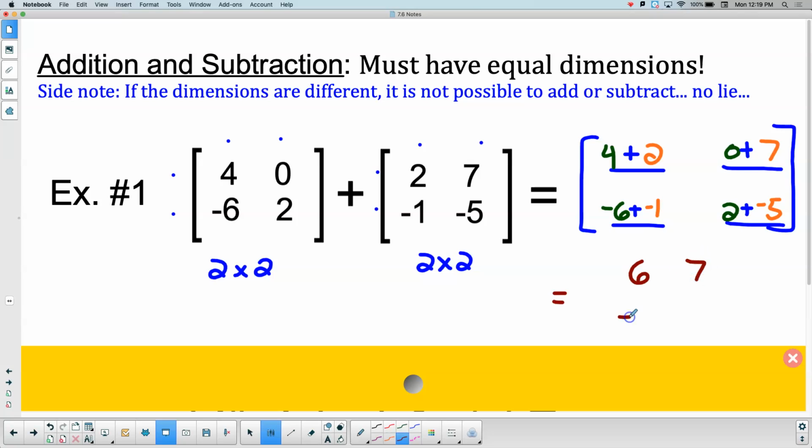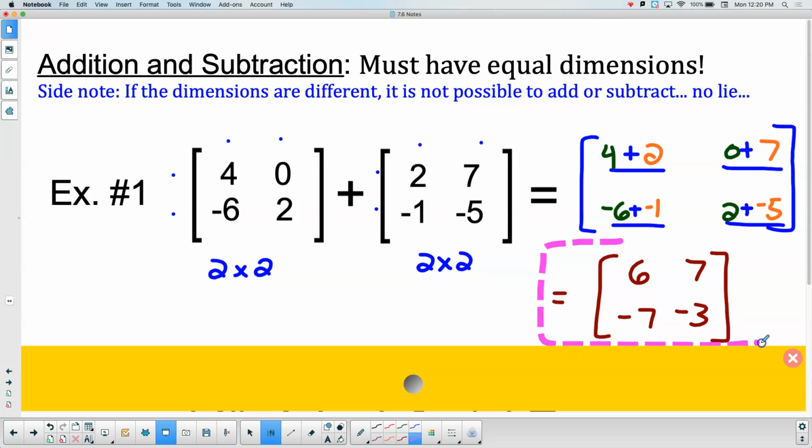Negative 6 plus negative 1 is negative 7. 2 plus negative 5 is negative 3. And then I put my brackets around it, and that is the resultant matrix after I add those two together. A 2 by 2 matrix, 6, 7, negative 7, negative 3.